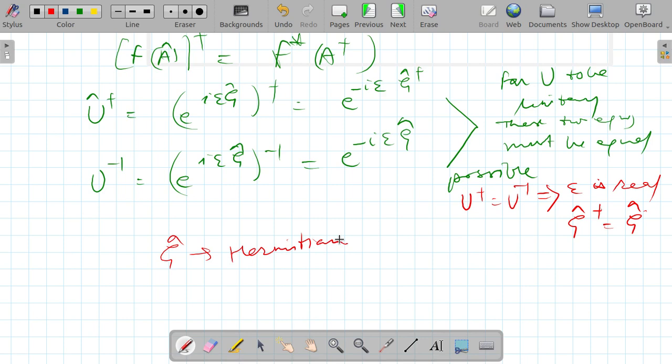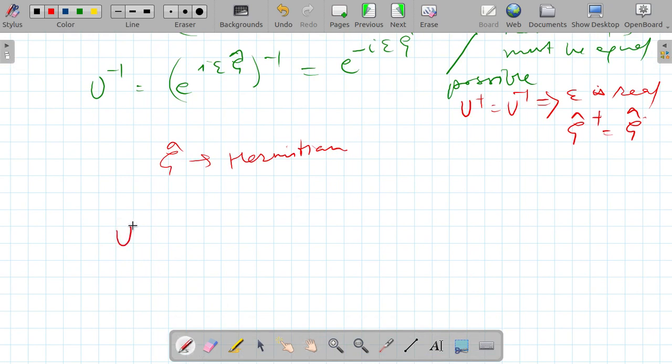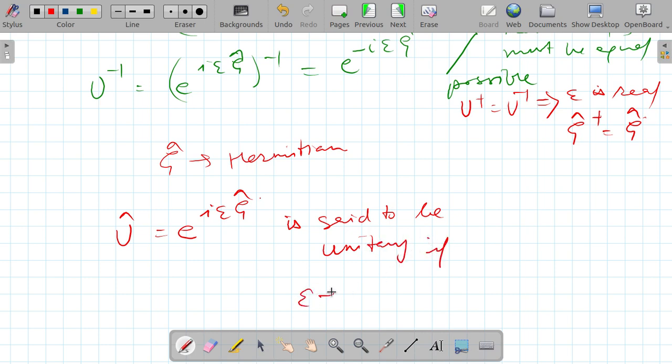So if any operator can be written in this form, then it is said to be unitary if epsilon is real and G is Hermitian.